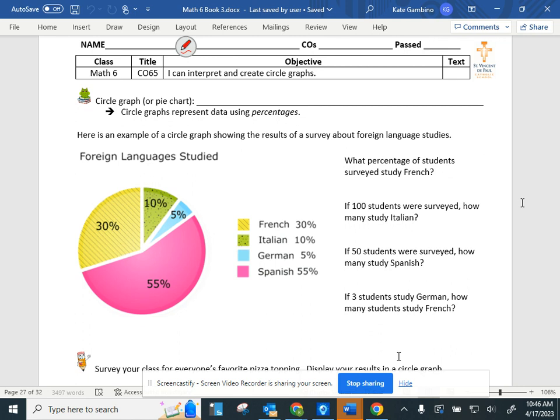So a circle graph is a graph that displays data as sections of a circle.